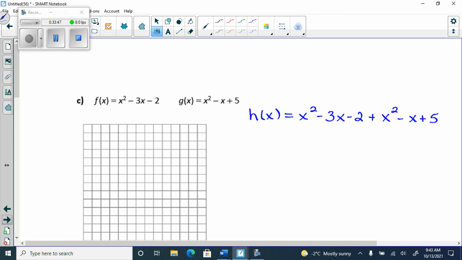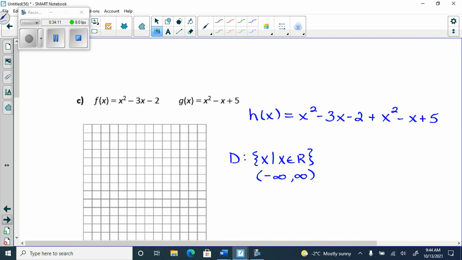So do I need to even figure out what the new graph is if they ask me for domain? Nope. Do I have to graph it if they ask me for the domain of h of x? Nope. If they ask me for the domain, it's the easiest question ever. Find the domain of both, say where they both exist. So the domain of h of x is going to be x such that x is an element of the reals, because this graph can only exist where they both exist, and they both exist everywhere in domain.